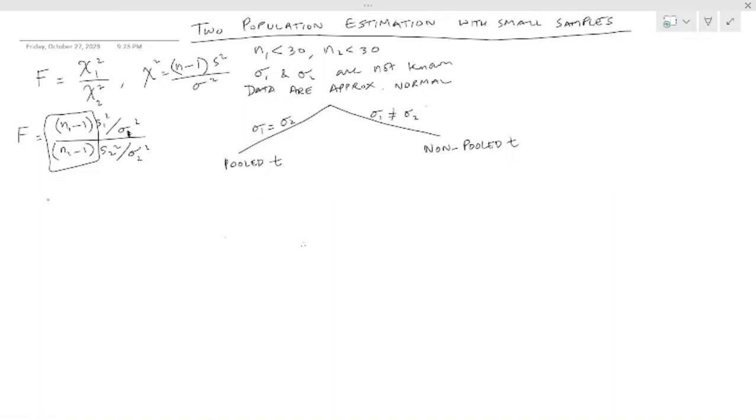Therefore, we can simply ignore this component from the formula, and consequently we end up with this ratio that we can further rewrite in this way: s1 squared divided by s2 squared times sigma 2 squared divided by sigma 1 squared.